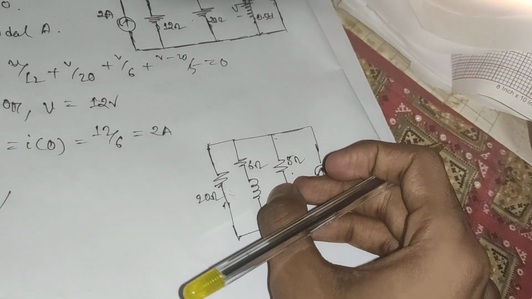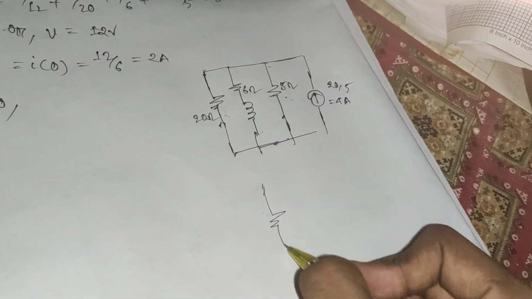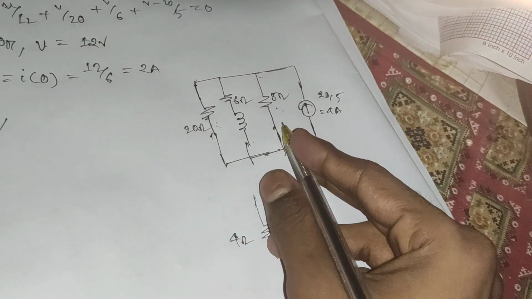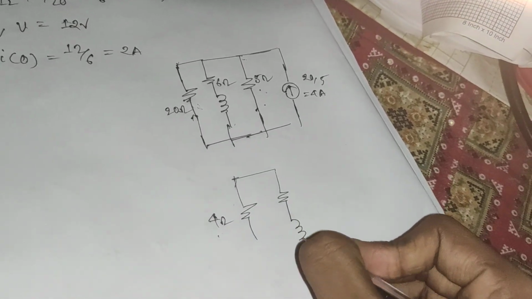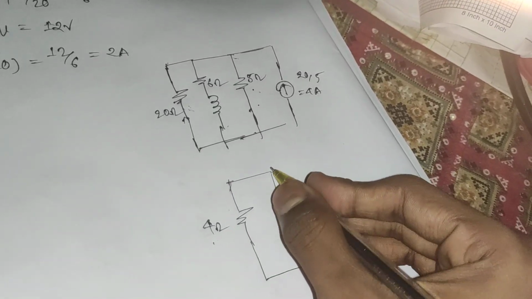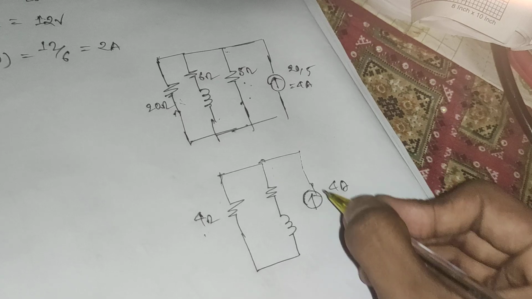So the circuit will look like this: 20 and 5 in parallel equals 4 ohm, in series with 6 ohm with the inductor, and the current source is 4 ampere, right?